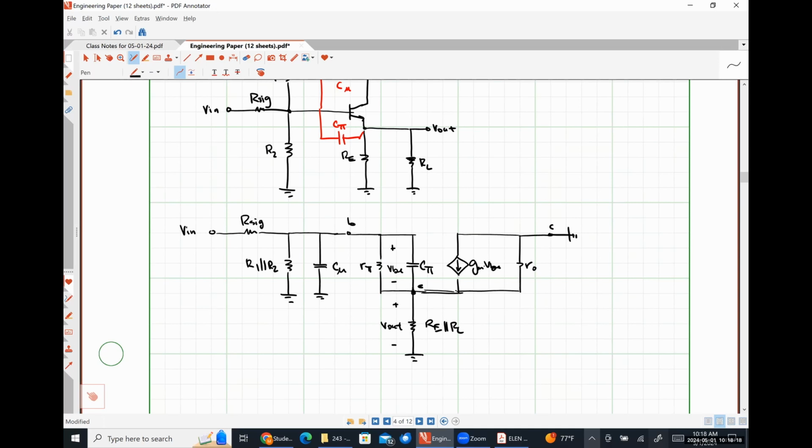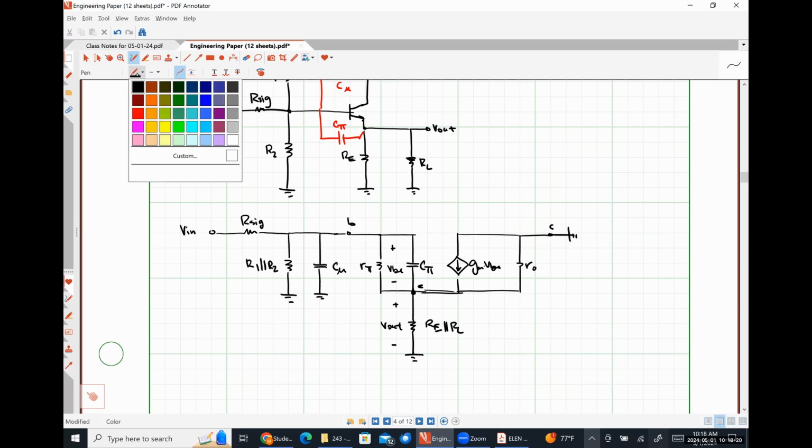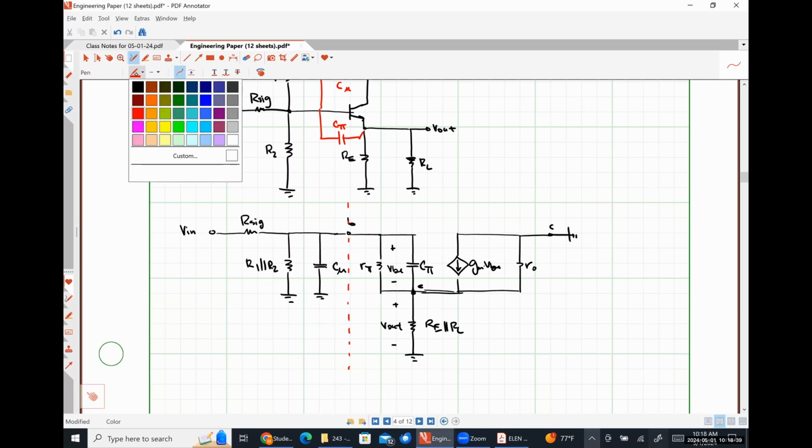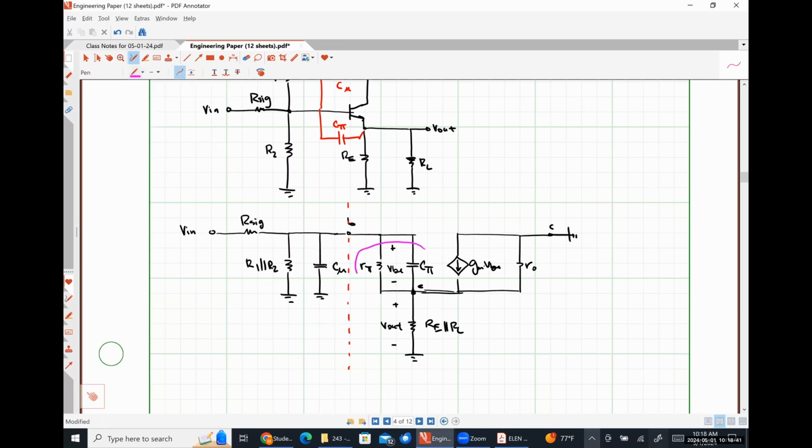So what I'm going to do to analyze this thing is I'm going to make a couple of simplifications. The first thing that I'm going to do is I'm going to replace everything to the left of this dashed red line with its Thevenin equivalent. Then I am going to lump these guys together and just call that an impedance Z pi.